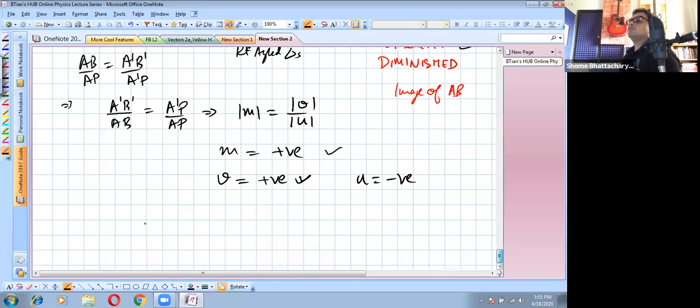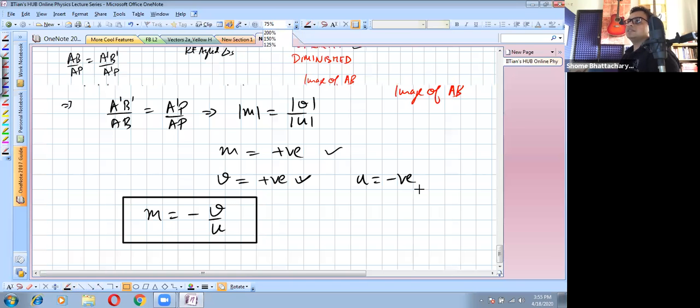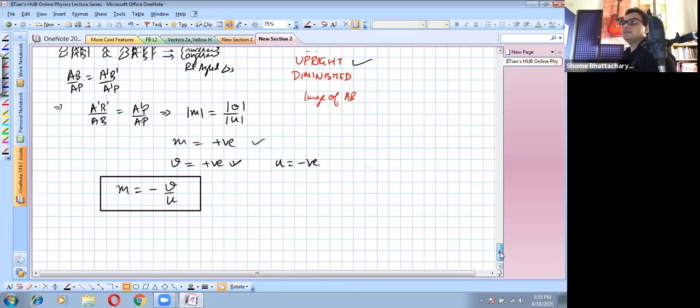So your formula for magnification still has that minus sign, which is why I said that it's a universal formula. Whether it is virtual image or real image, whether we are dealing with concave mirror or convex mirror, the formula is generic.